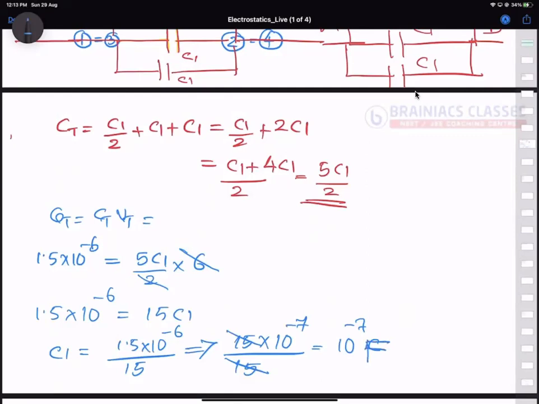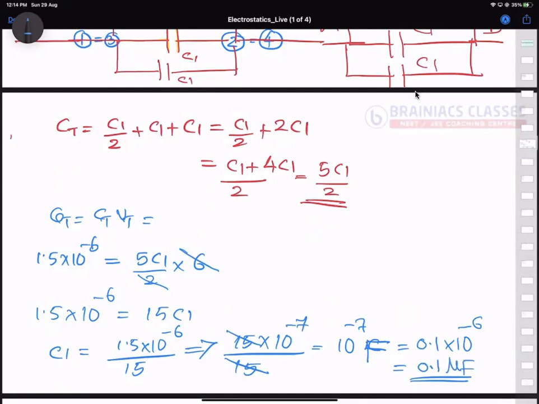So this can be written as 0.1 into 10 power minus 6, which equals 10 power minus 7. So I can write this as 0.1 microfarad.